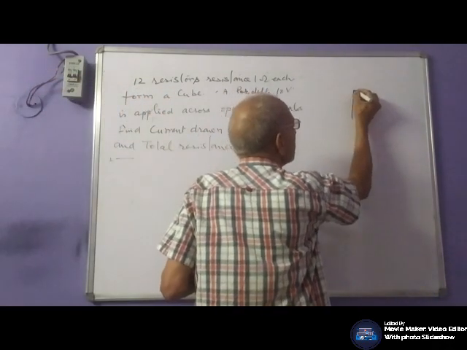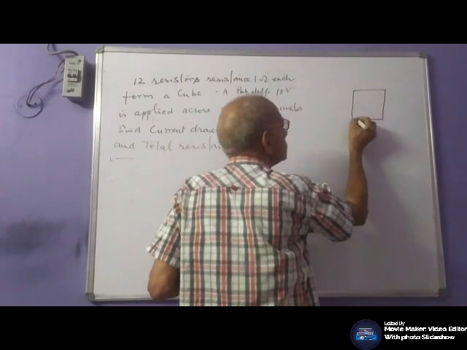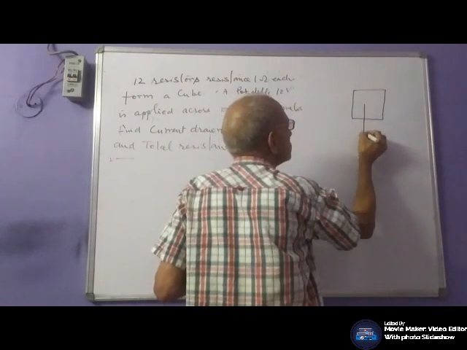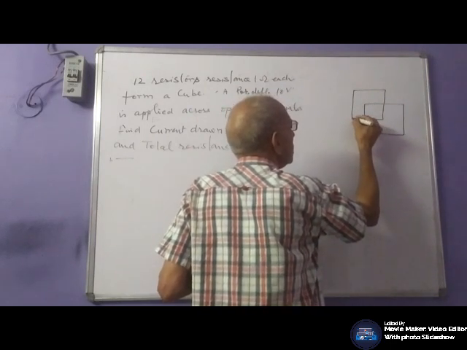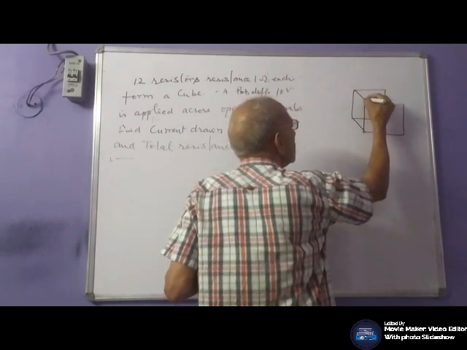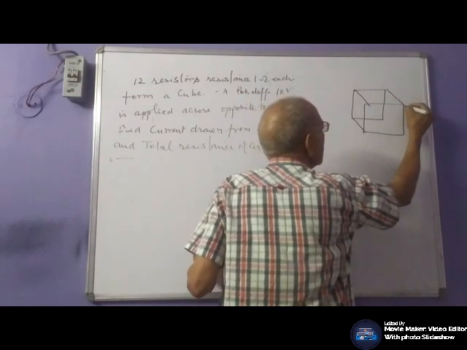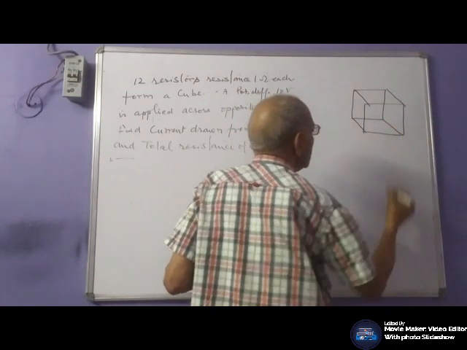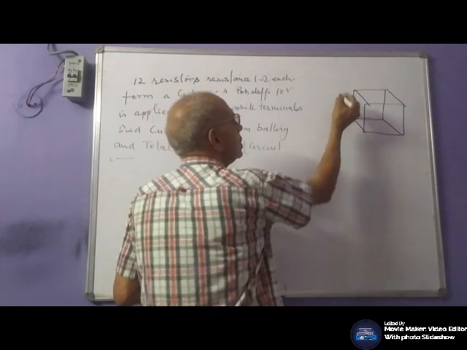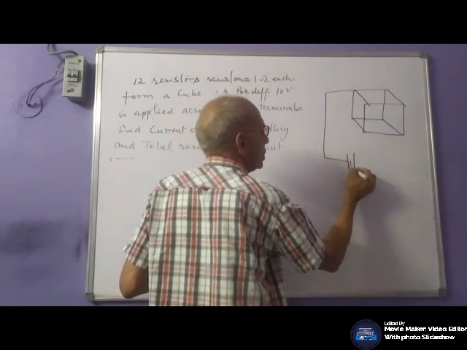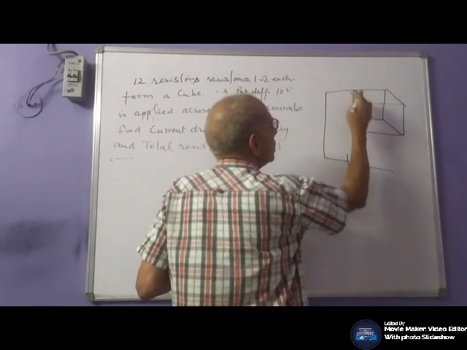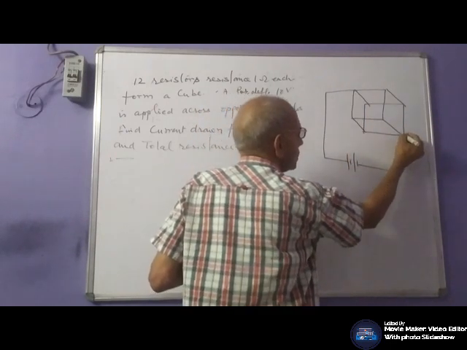These are 12 resistances. They form a cube. A 10 volt opposite corners.